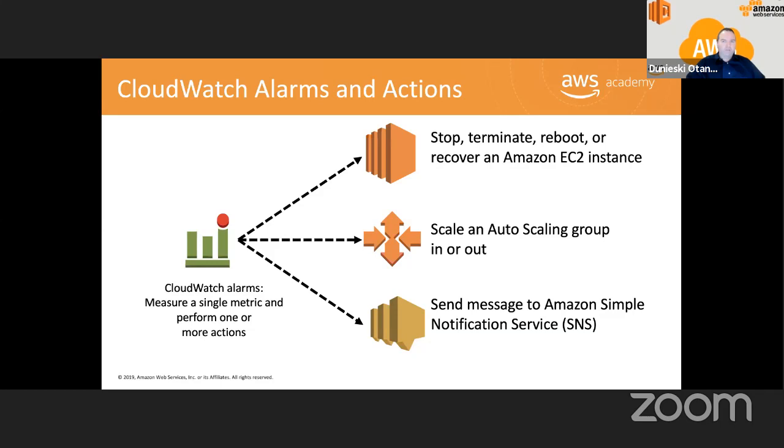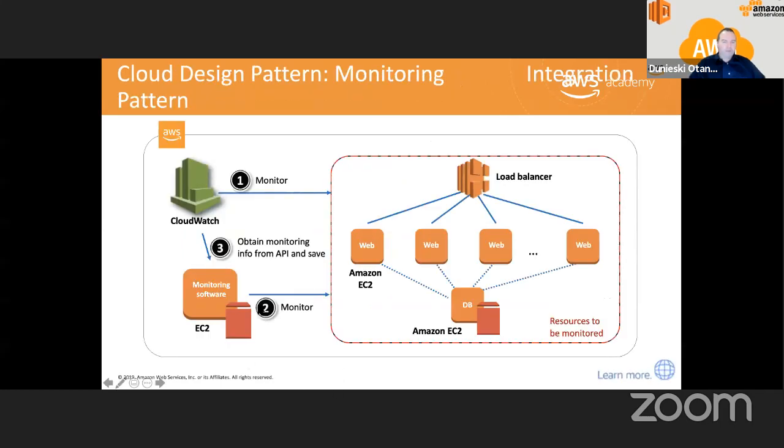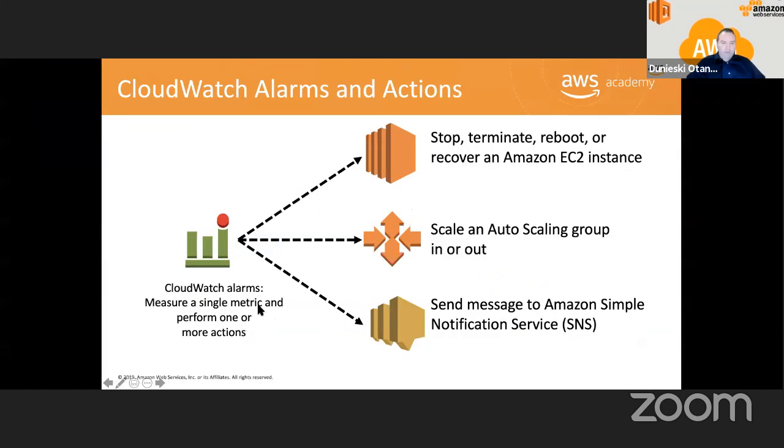So, CloudWatch alarms and actions. With CloudWatch alarms, you can measure a single metric and perform one or more actions. So you can stop, terminate, reboot, or recover an Amazon EC2 instance.